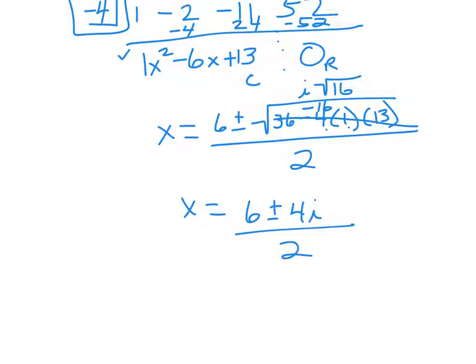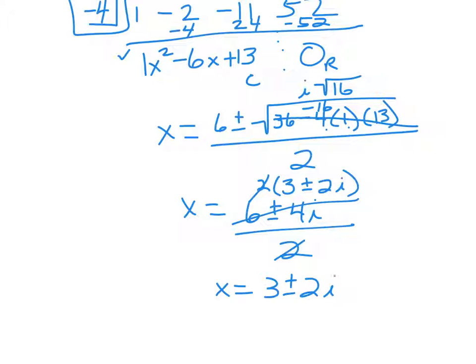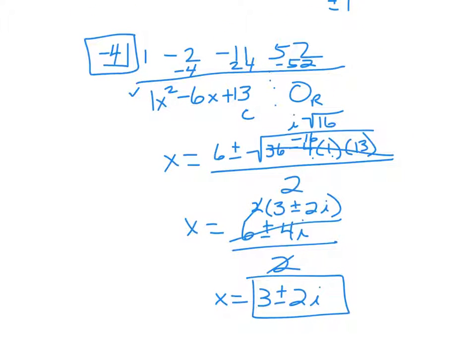I can only cancel factors. So I can take a 2 out, leaving me 3 plus or minus 2i. And then the 2's will cancel. So my 3 zeros are 3 plus 2i, 3 minus 2i, and what, negative 4?